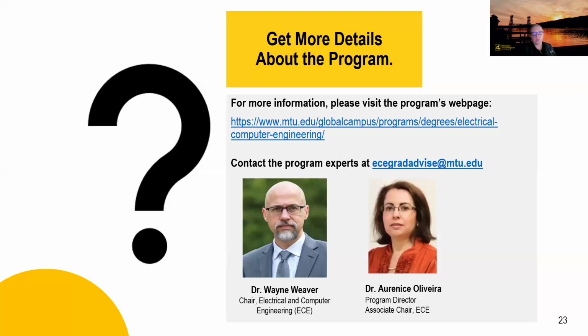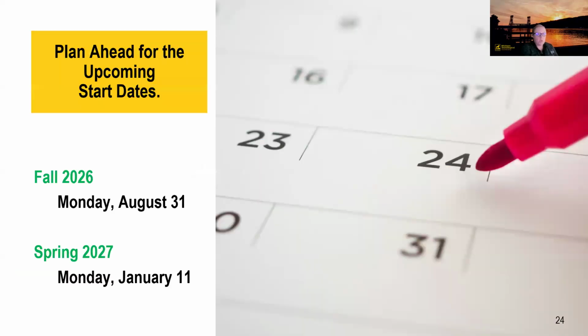But with that, we'll just talk about what the next semester is that you could apply to. So our fall semester begins Monday, August 31st, and there is still time to apply to that term. So there's not a hard set application deadline either. We are considered rolling admission.